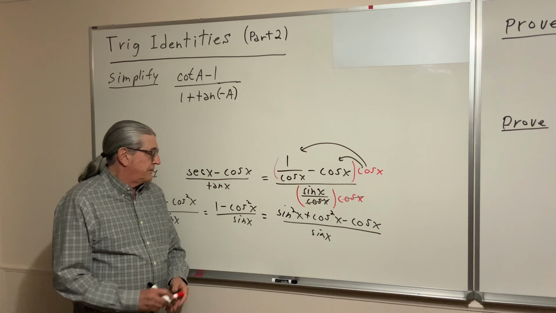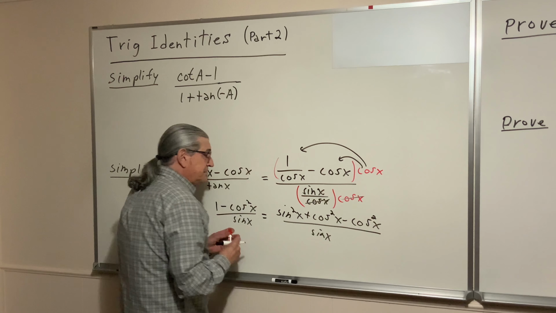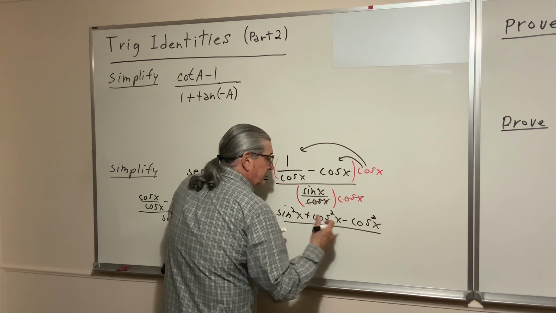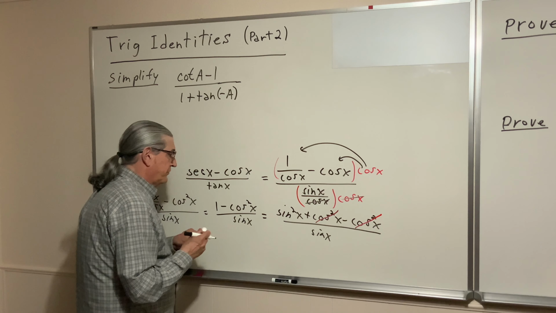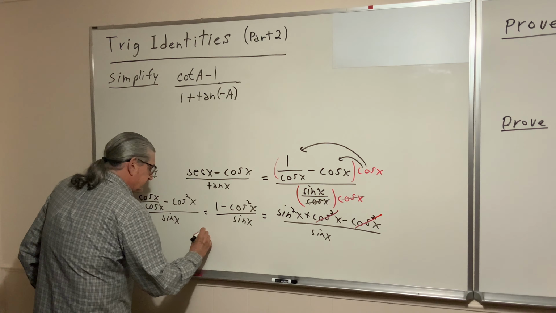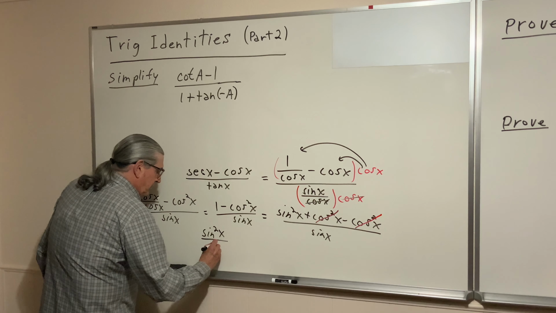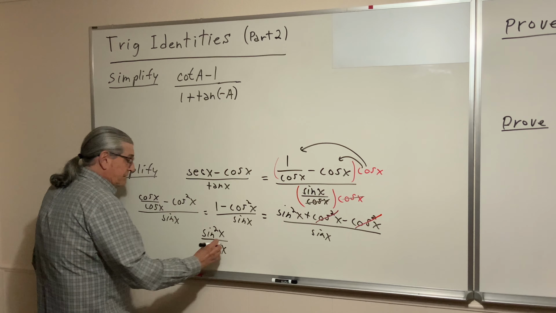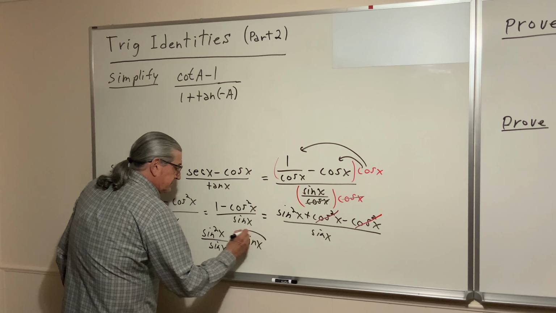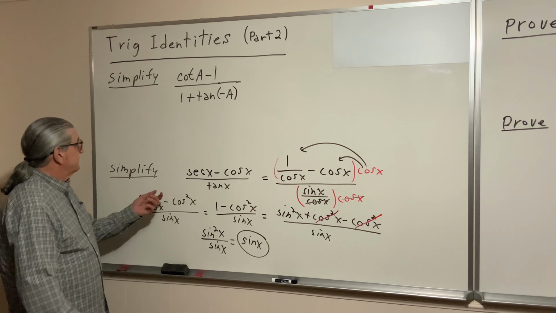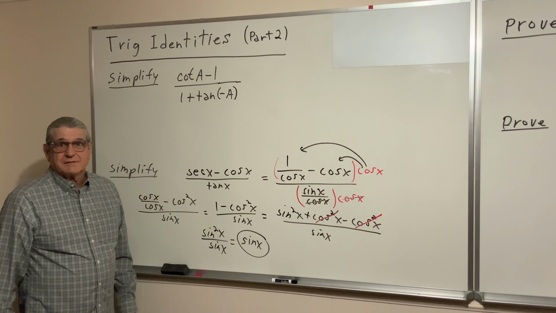That's all I did here. We have a square on this one. And this is kind of nice because now we see these two, a positive and negative, cancel. All we have is the sine squared x over the sine of x, and that reduces to the sine of x.